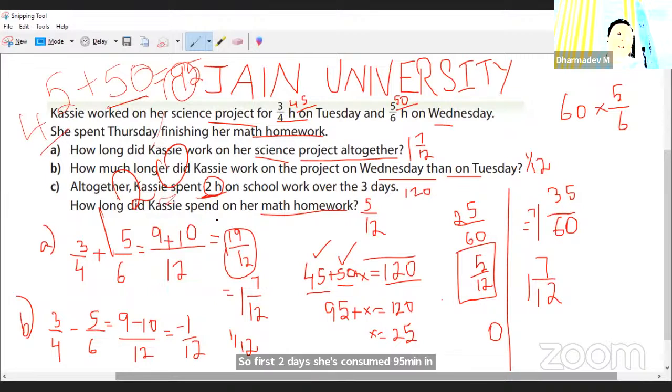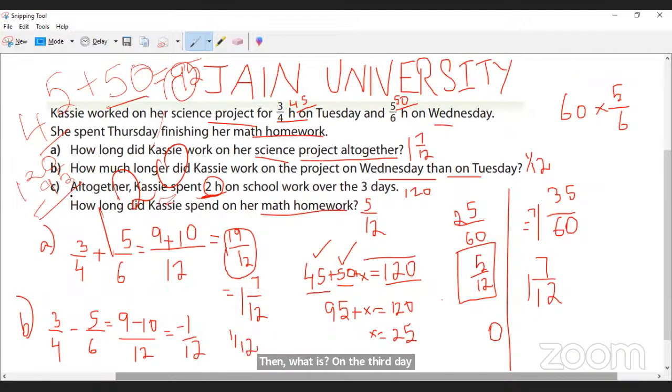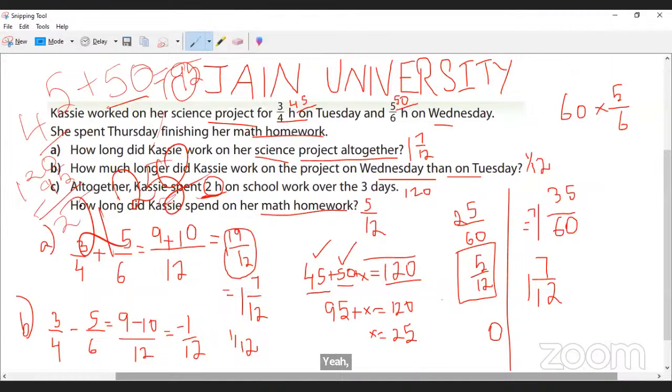Over 3 days together it is 120 minutes. Then what is on the third day? 25 minutes on the third day.